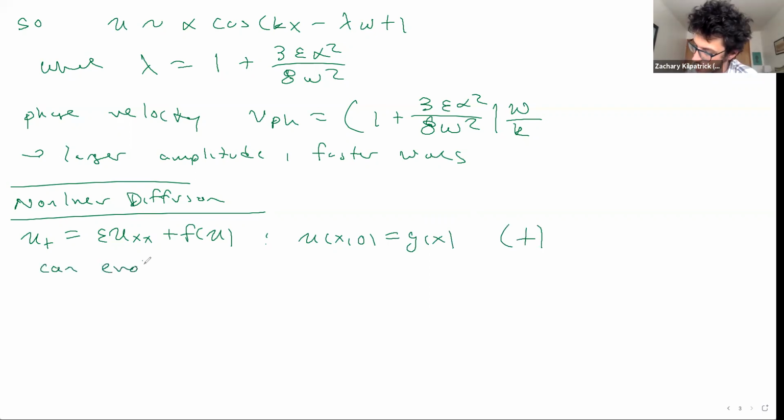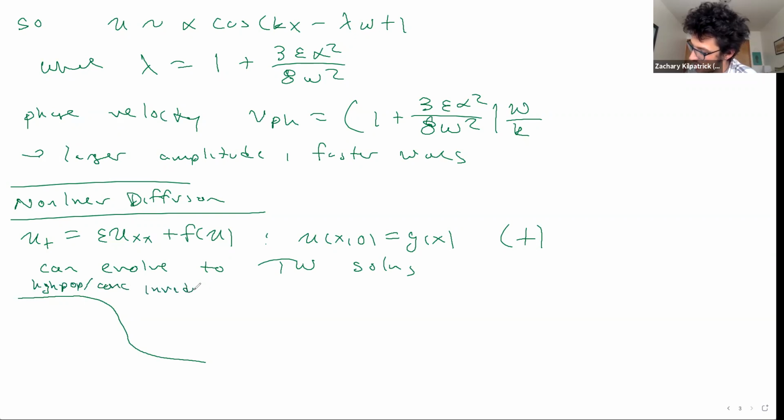So it can evolve to traveling wave solutions, and we're going to look for stuff happening like this, where you have some high population or concentration invading and moving to the right. And then here's your low population or concentration.